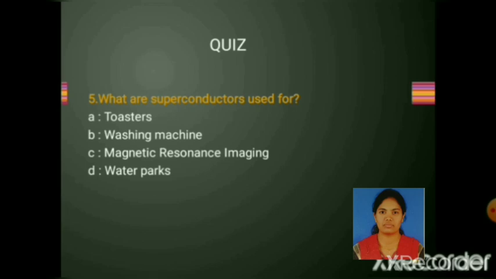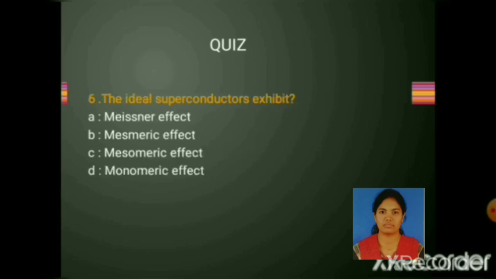Is it for toasters, washing machines, magnetic resonance imaging or water parks? This is what we have seen in applications of superconductors, that is, superconductors are used in magnetic resonance imaging. The ideal superconductor exhibits the Meissner effect, mesmeric effect, mesomeric effect or monomeric effect. This is what we have seen in properties of superconductors, that is, they exhibit the Meissner effect.